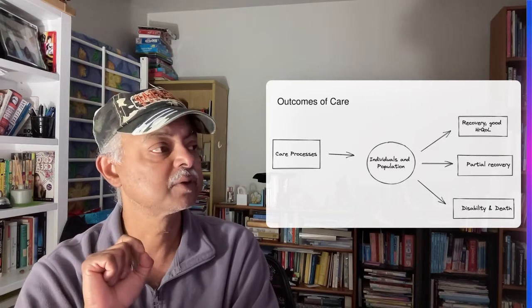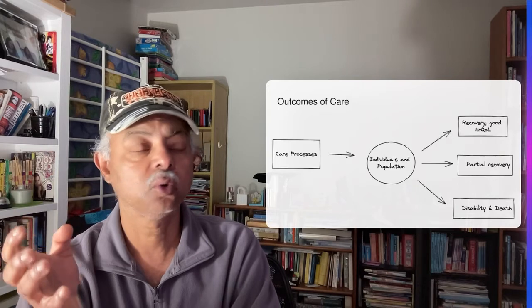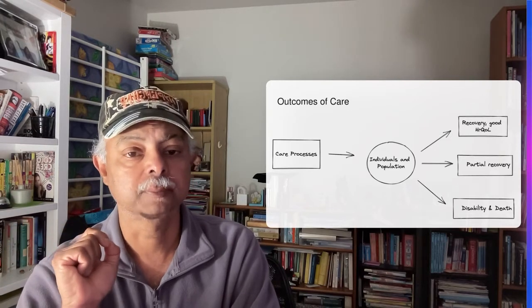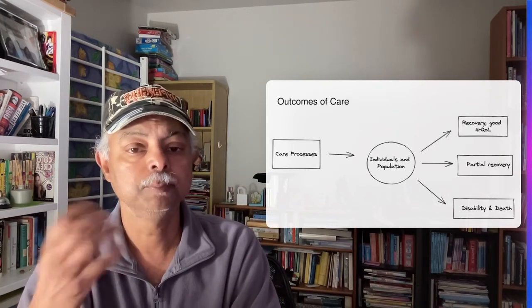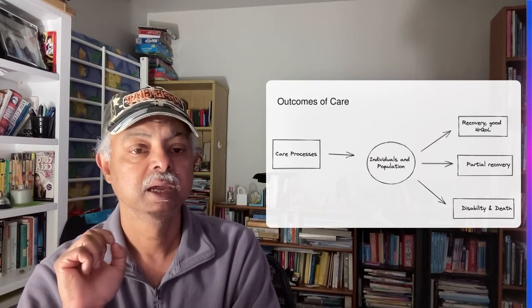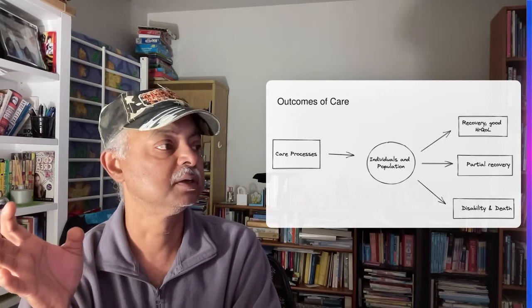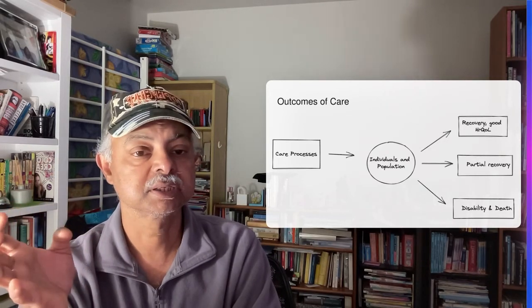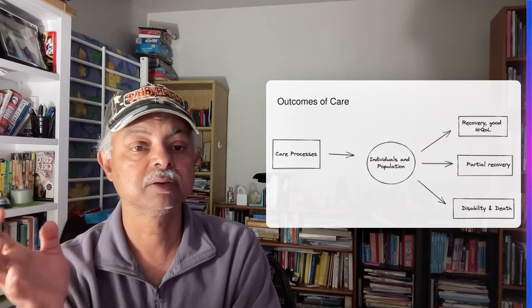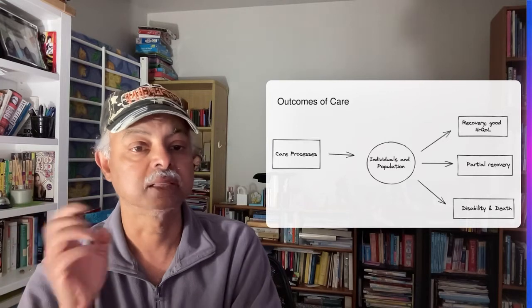Finally, outcomes of care are also very important. So what happens as a result of all of these inputs of the care processes? You input the care processes to individuals and to members of the public, and then at that point, we can expect one of three outcomes: that a person or a group of people will completely recover and have good health-related quality of life, HRQOL.